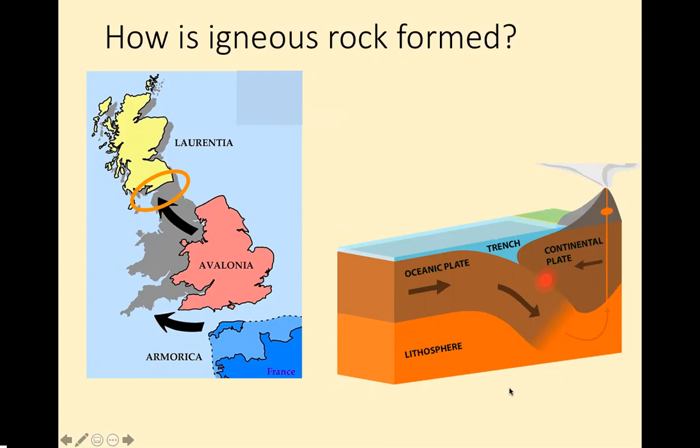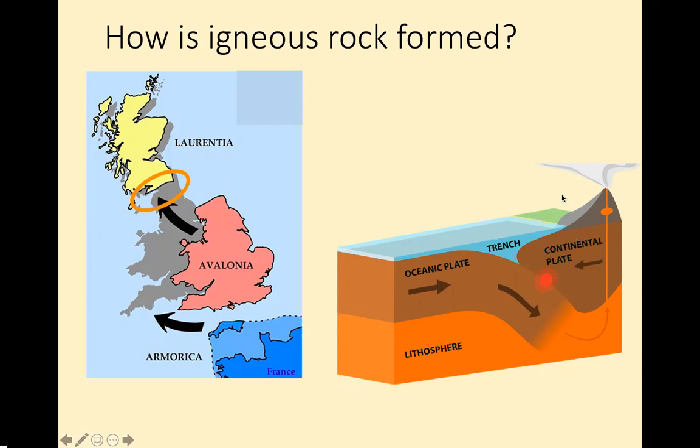Now, igneous rock is, lots of you did remember, but some of you maybe need a bit of a recap. Igneous rock is formed because of volcanic activity, so either magma or lava cooling to form lovely rocks like granite, anything with crystals in.